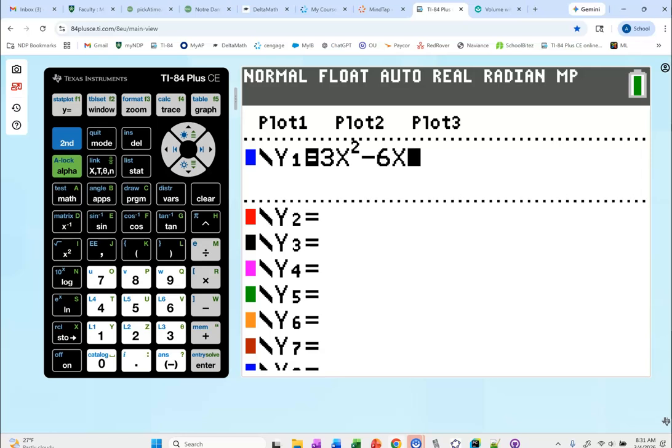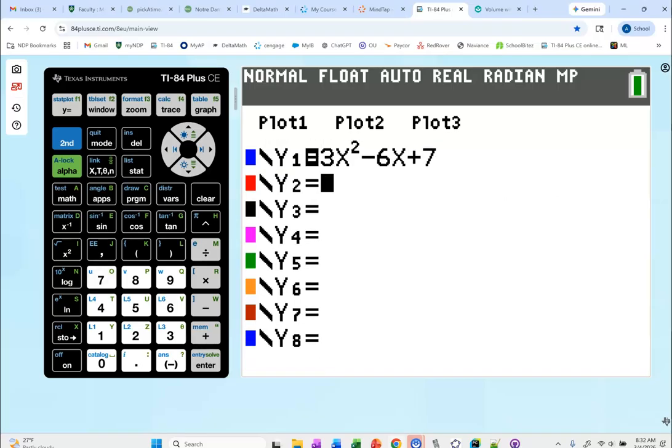What was the end? What was plus 7? Thanks, Katie. Okay. And we have y equals 4. And I'm going to plot that point (1, 4) also, so we can see the point that everything is passing through.